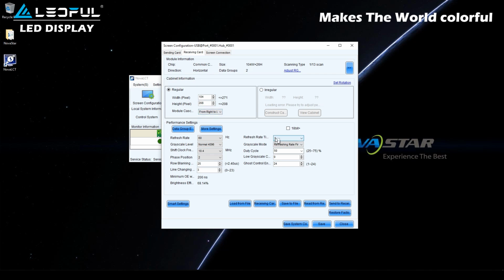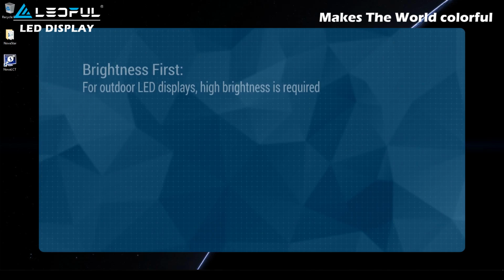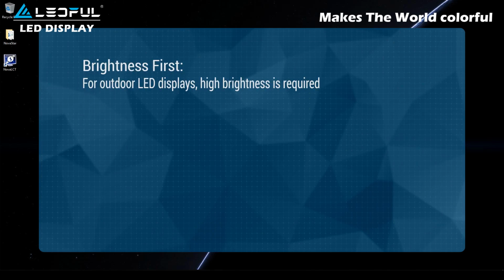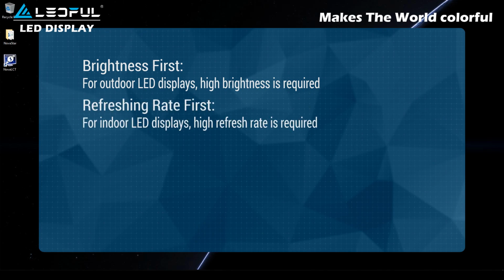2. Select a grayscale mode according to the application scenario of the LED display. Brightness first. For outdoor LED displays, high brightness is required. Refreshing rate first. For indoor LED displays, high refresh rate is required.